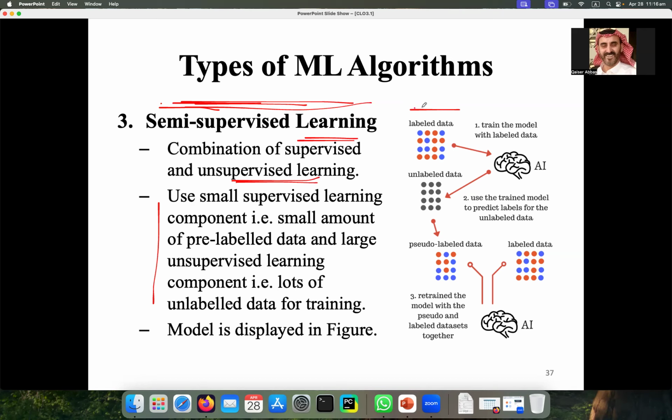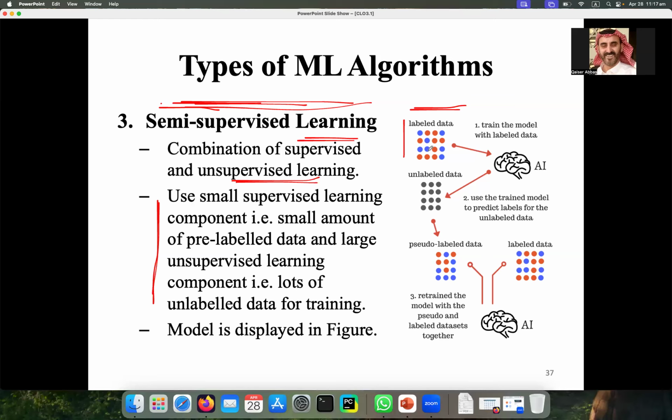Now according to this diagram, if you look here, we have some labeled data. Some data instances or samples are labeled with red and some are blue.